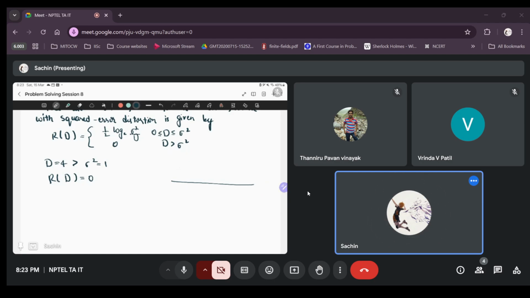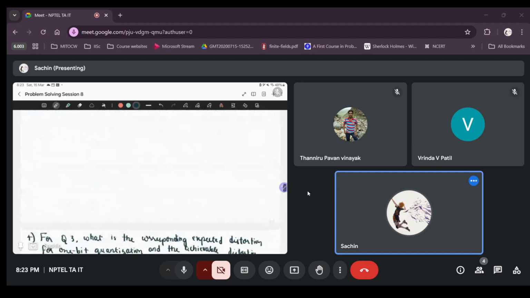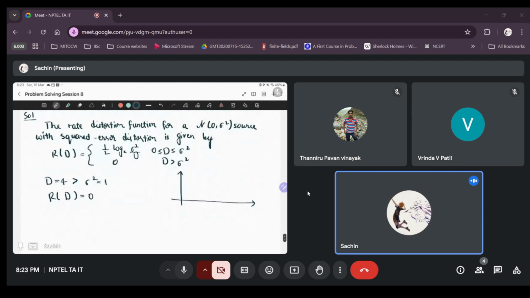So for a Bernoulli source, which we did in the first and second question, we calculated R of D for that.